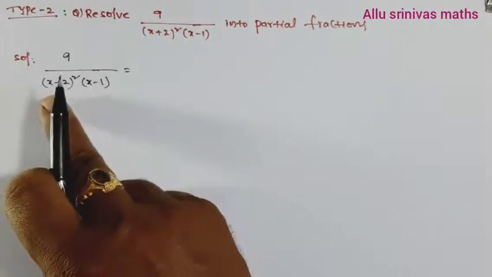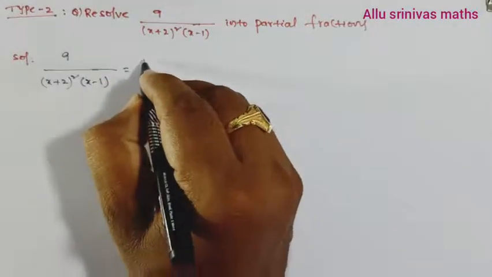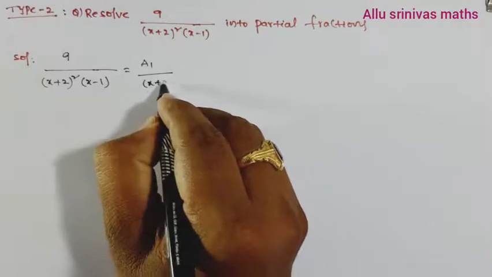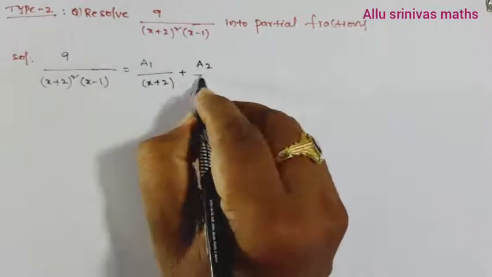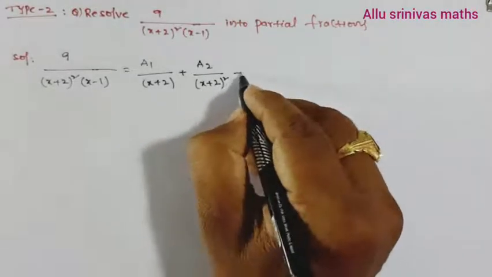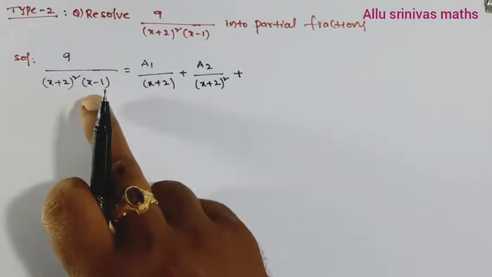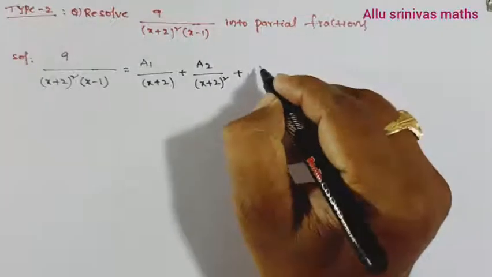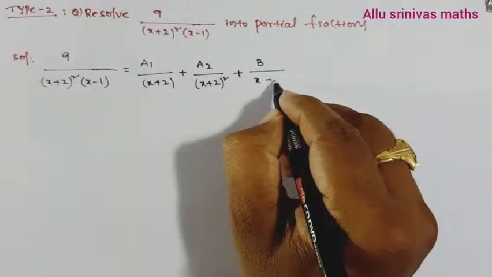X plus 2 whole square is a repeated factor, there exist 2 constants, that is, first one is a1 by x plus 2 and a2 by x plus 2 whole square. And x minus 1 is the non-repeated linear factor, there exists 1 constant, that is in the form of b by x minus 1.